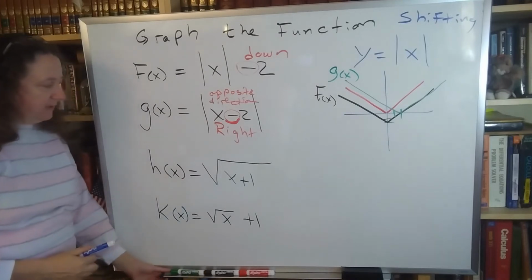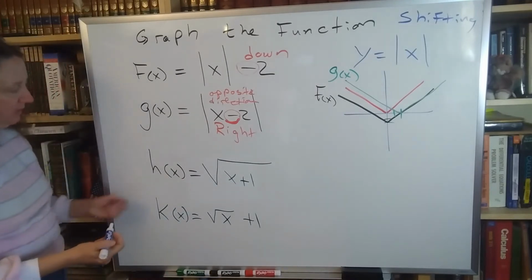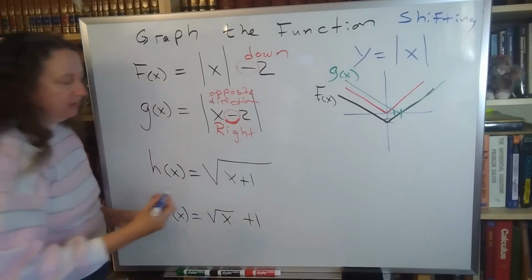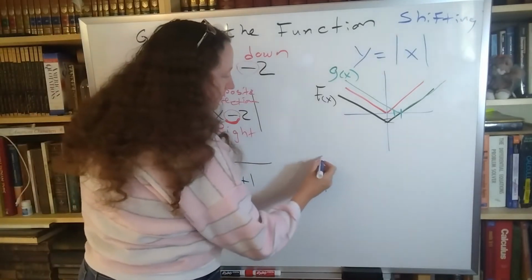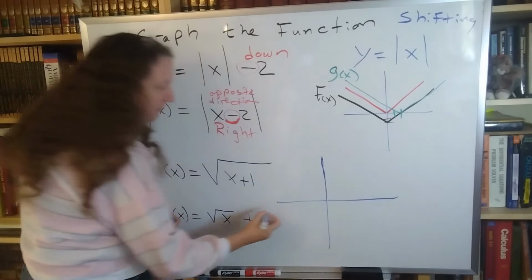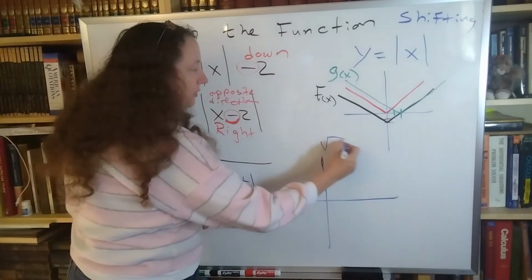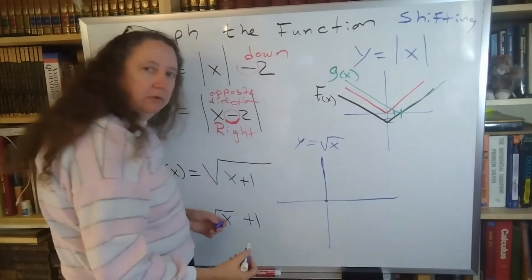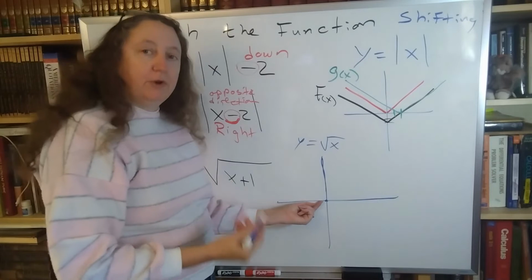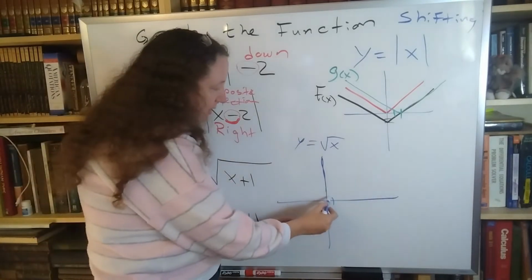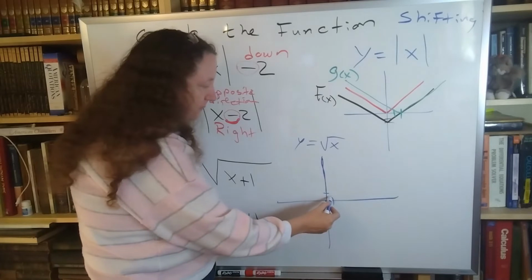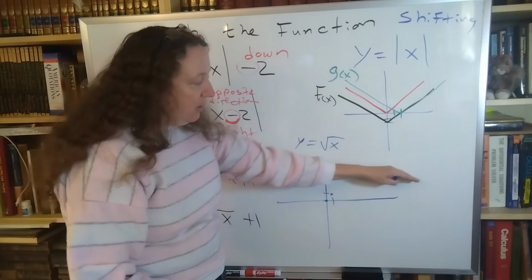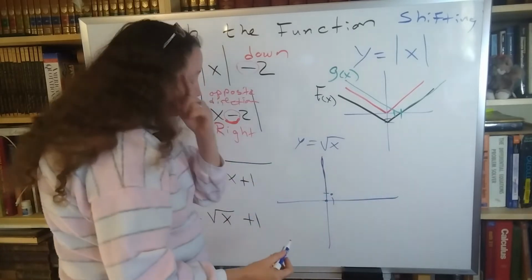Looking down here at the square root function, I need to know, what is my basic square root graph like? When I take the square root of x, it is going to start at 0, 0, because the square root of 0 is 0, goes up to 1, 1, and then it takes a sharp turn and almost flattens out as you go further to the right.